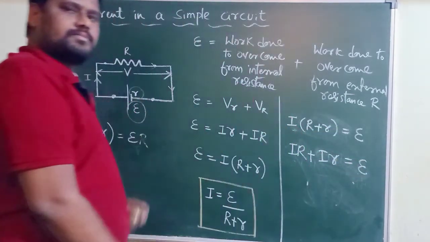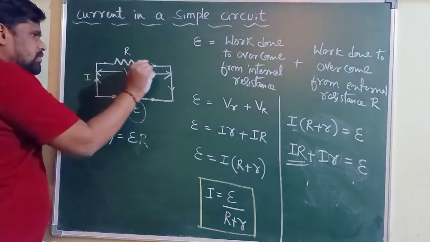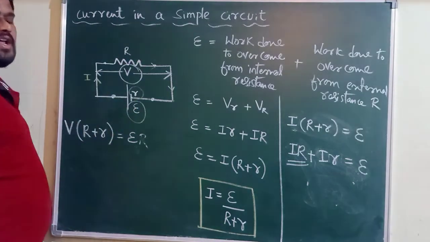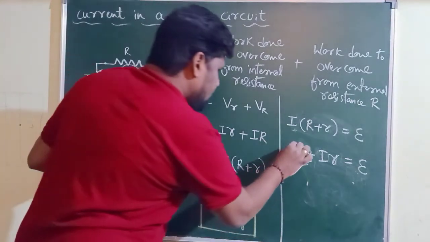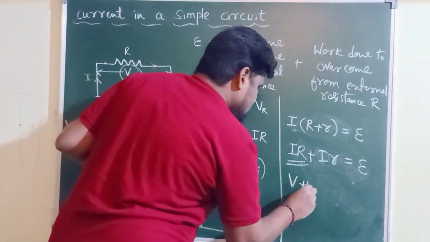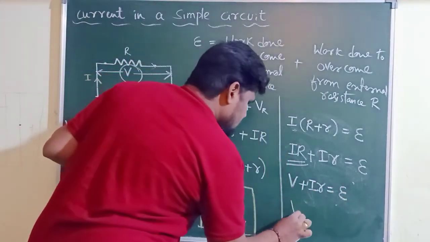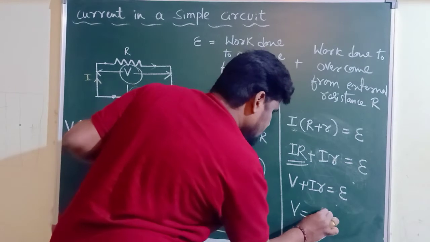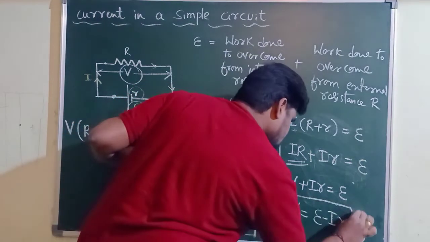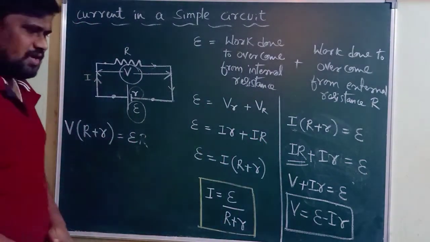As I said, I into capital R is the potential difference across the external resistance, which is equal to the terminal potential difference here. Therefore, I into capital R is replaced by V, plus Ir, which is equal to E, or else V is equal to E minus Ir, which is an expression for terminal potential difference.